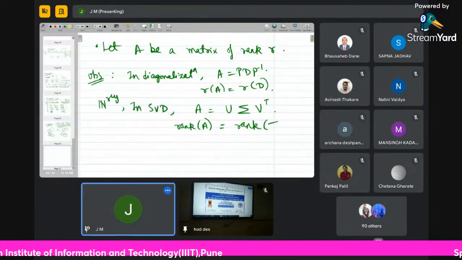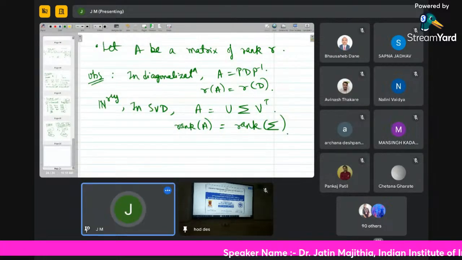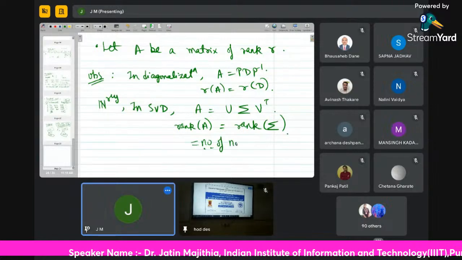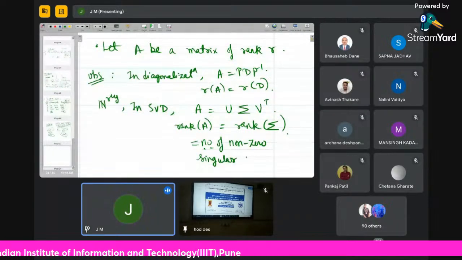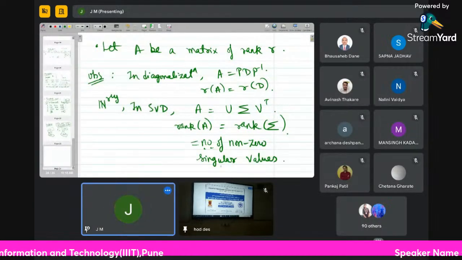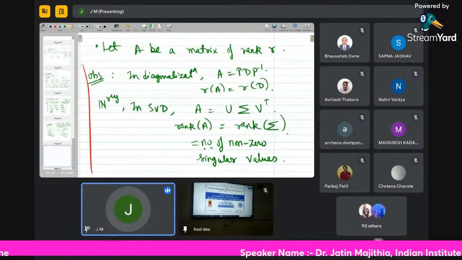Sigma has the sigma i's on the diagonal and 0 everywhere else. So ultimately, it is nothing but the number of non-zero singular values. This is again a very important observation.